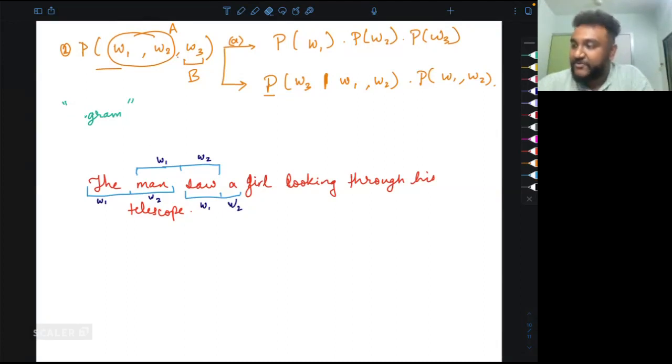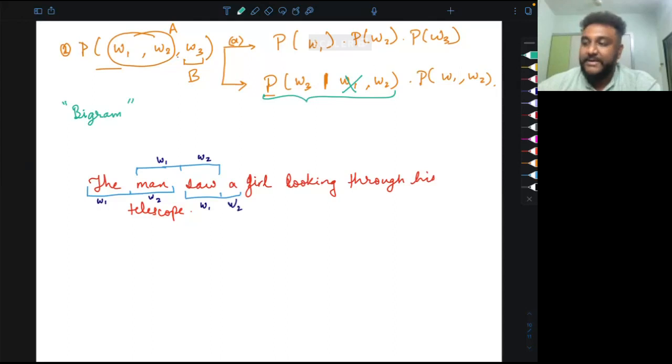When I have a window size of 2, I have to further simplify this. So let me continue with this expansion and show you how to get to the bigram part. In this part, let me ignore the effect of W1. I don't care about W1 when I'm looking at W3 over here. So I can write this as P of W3 given W2, times P of W1, W2.